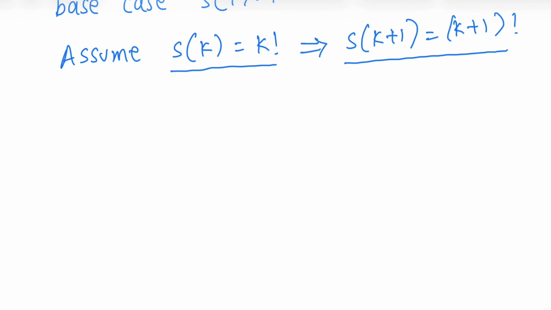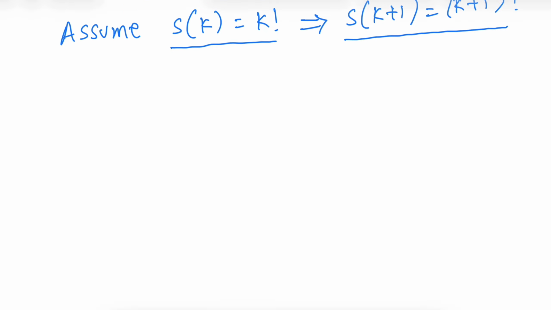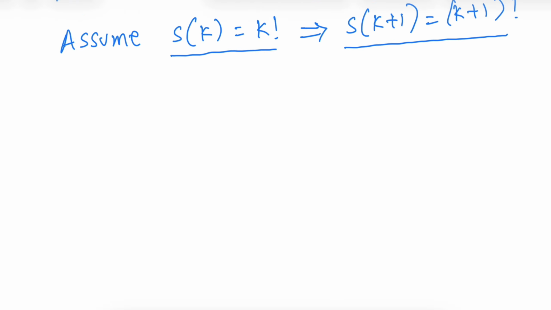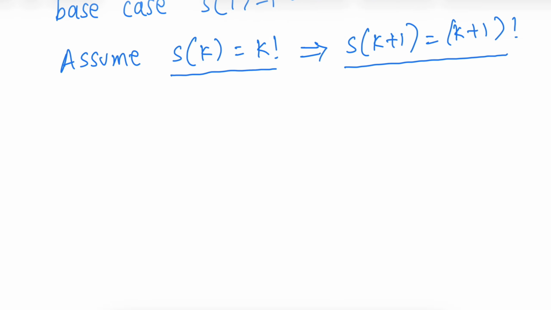So the way we will do it is we can use that S(k) is k factorial, right? What that means is you have k children, and there are k factorial ways they can stand in the line. Let's suppose this is one possible way they were standing in the line, for example C1, C2, C3, and so on up to Ck.